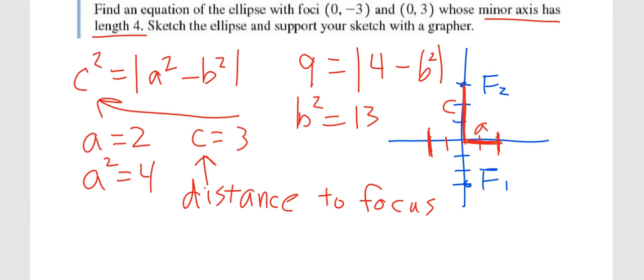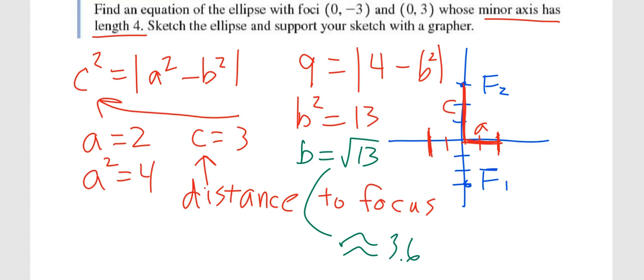What does that give me for B? B equals radical 13. How much is that approximately? Let's see what we got there. 3.6. So this is approximately 3.6 units, which means that the edge is there and there.